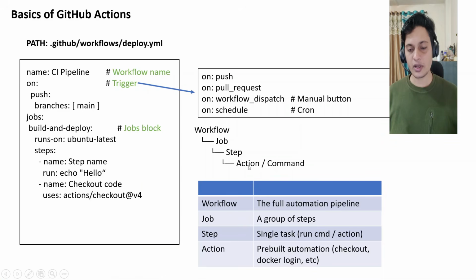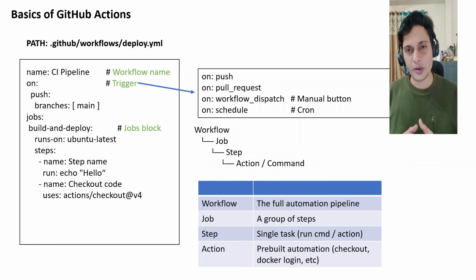So why did I write this action slash command? There are some inbuilt methods which are called actions, and there are some raw commands which we want to run, like echo, docker run. These are raw commands which can be modified and are completely project based.